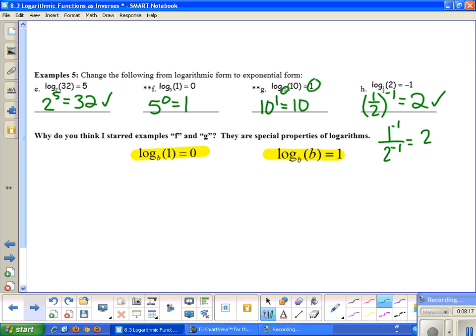Now, why did I star examples F and G? The reason I starred them is because we have properties. This right here says the log base B of 1 is equal to 0. So that means the log of any base of 1 will always be equal to 0.